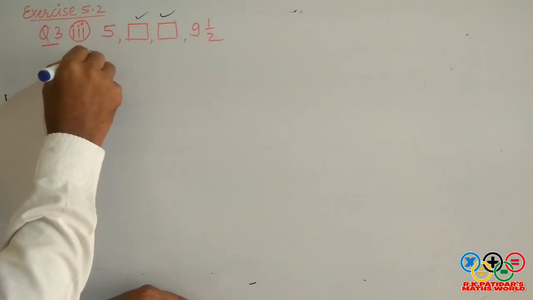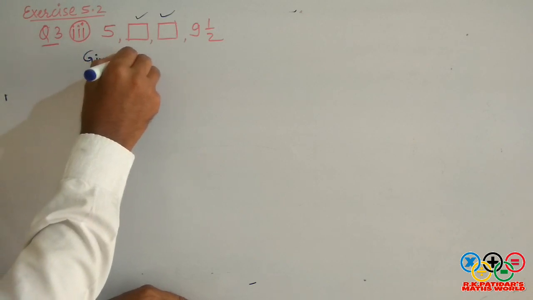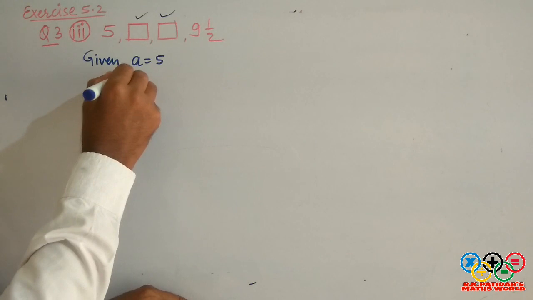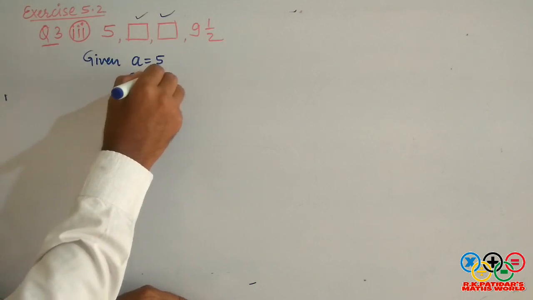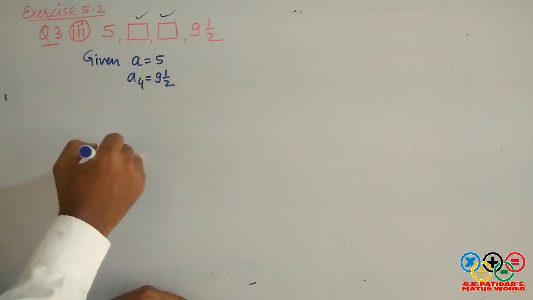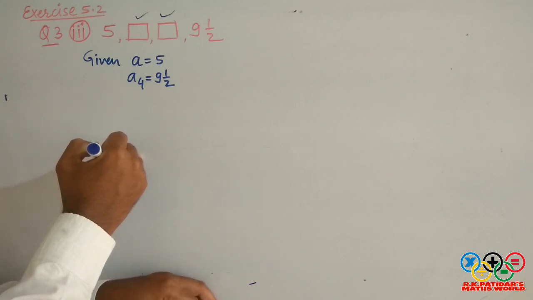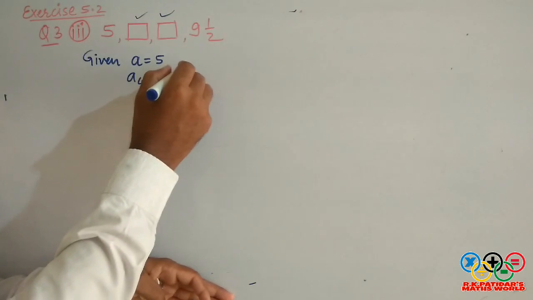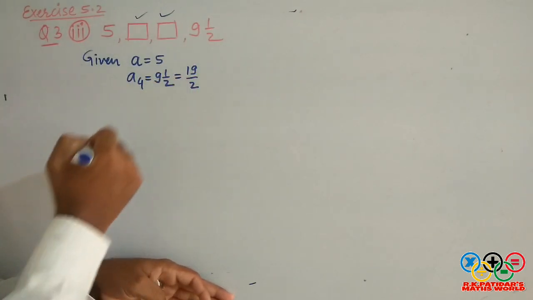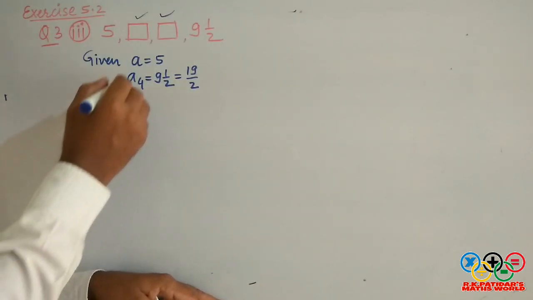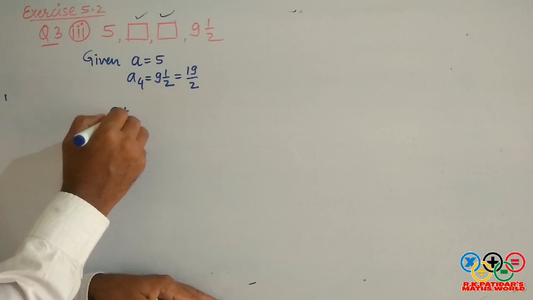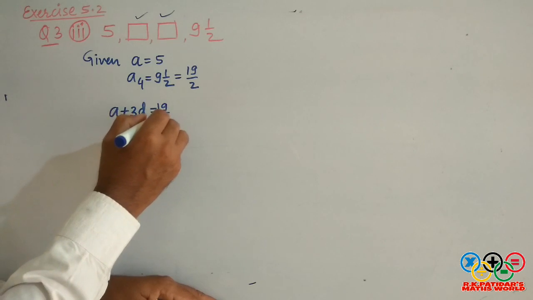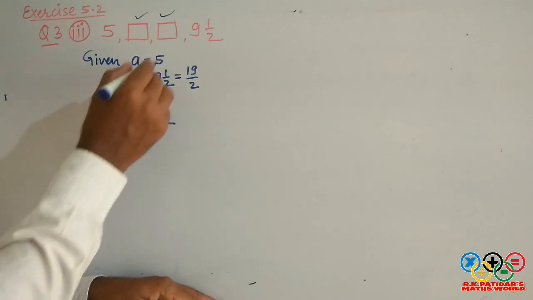So what is given? Here it is given that the first term a is equal to 5, and the fourth term is 9.5. You may write it as 9 twos are 18 plus 1, 19/2. This is the fourth term. Now we know that the fourth term is a plus 3d is equal to 19/2.